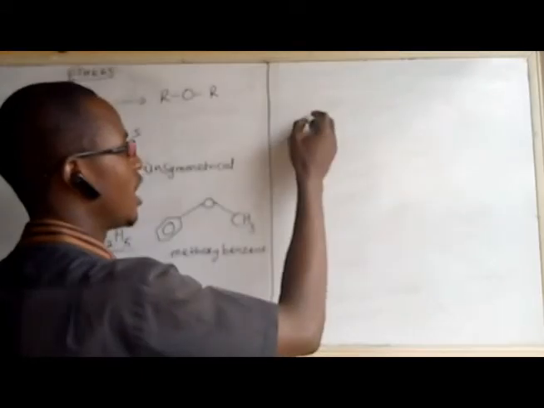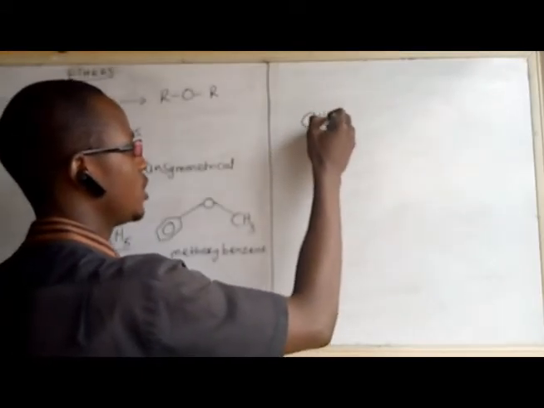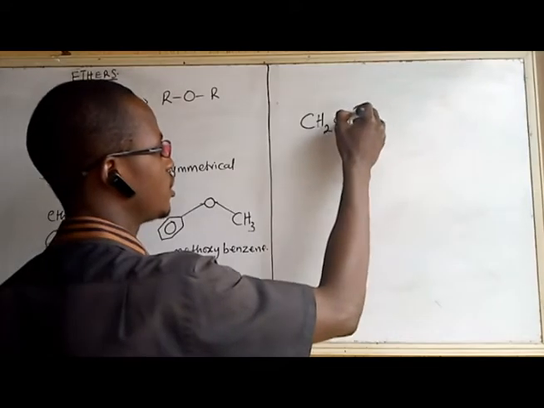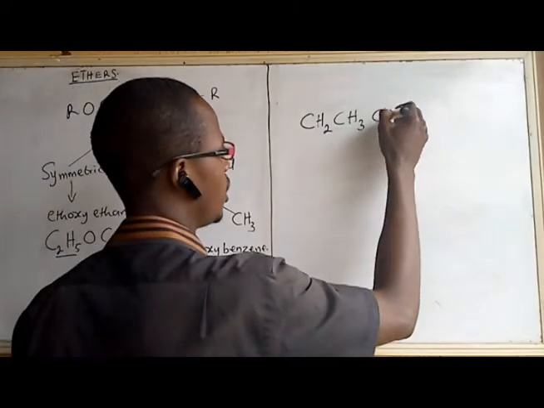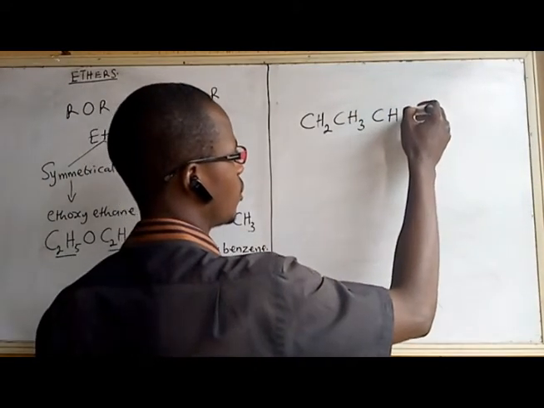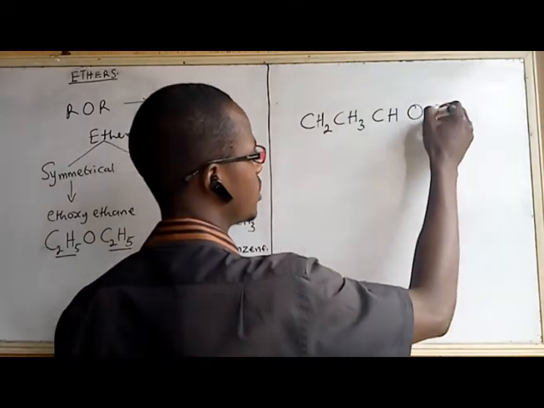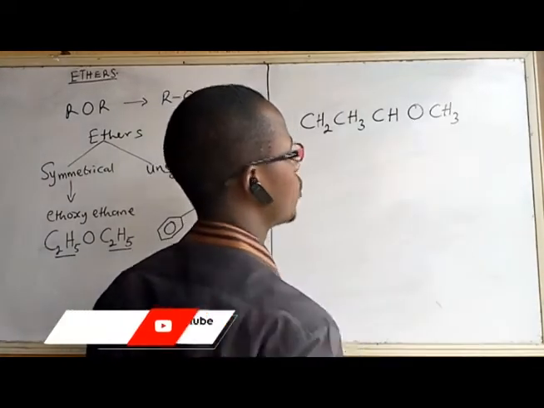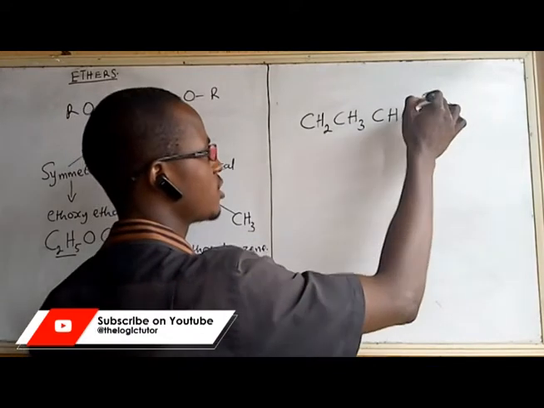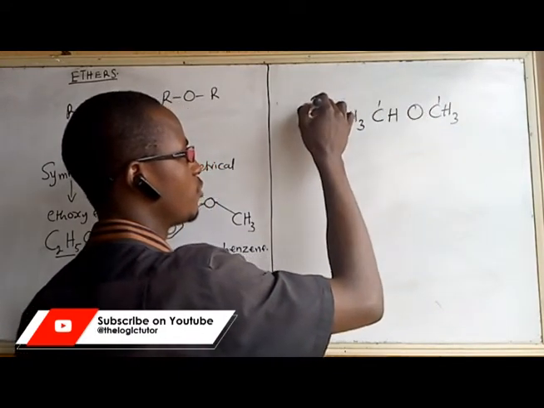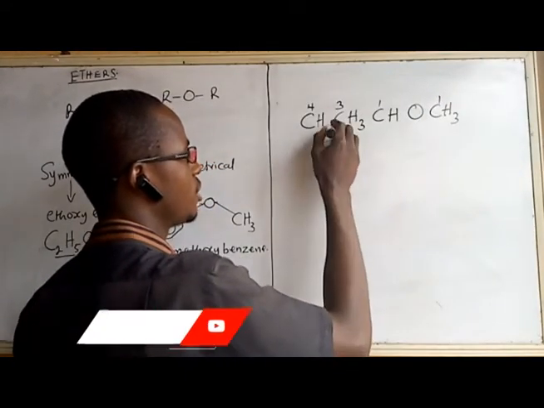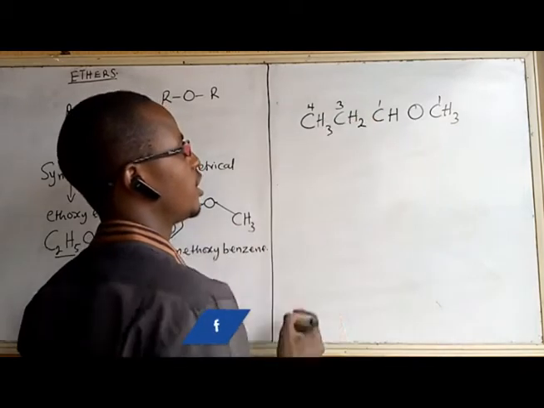As for example, we have CH2, CH3, CHO, CH3. In naming this, we have to give it numbers 1, 2, 3, 4. CH3 here, CH2 here. Correction.